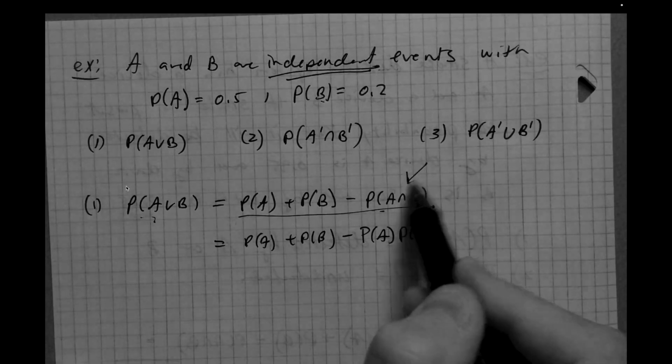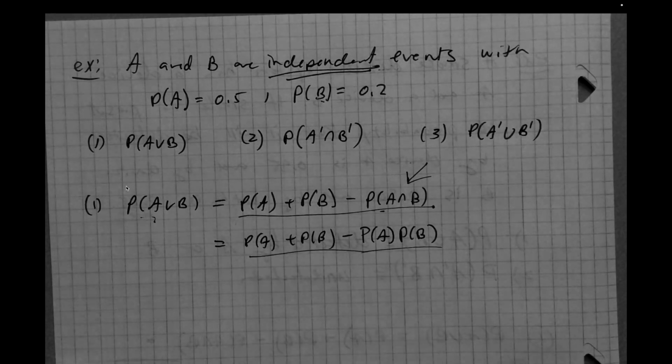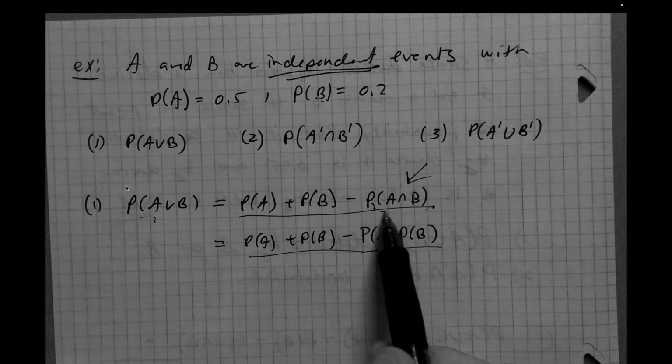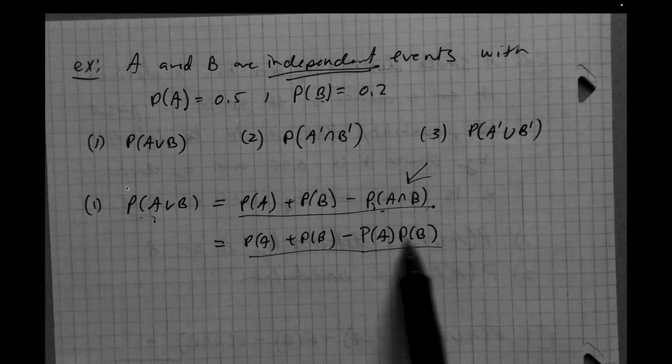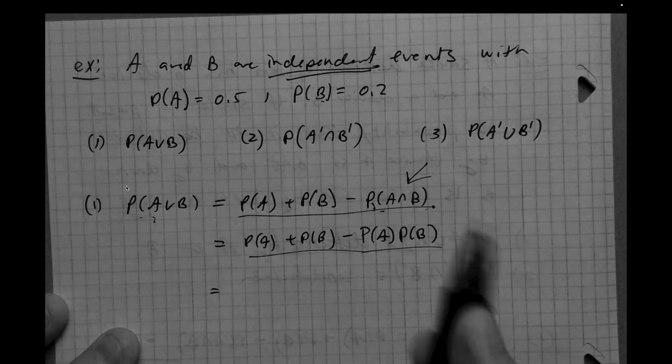And then how do we deal with this last term? Well, we use the multiplicative law on that section. Because A and B are independent, the probability of their intersection is equal to the product of the separate probabilities. Then we have all these values, so we can just plug them in.